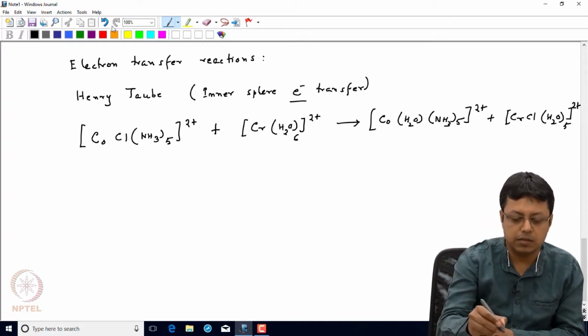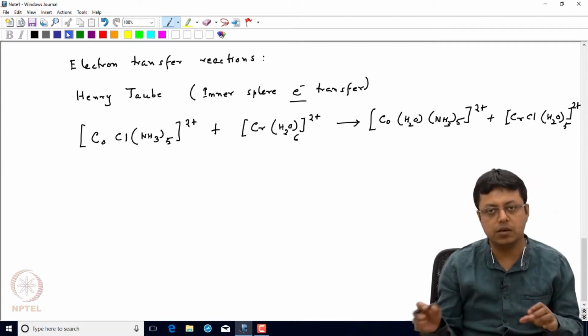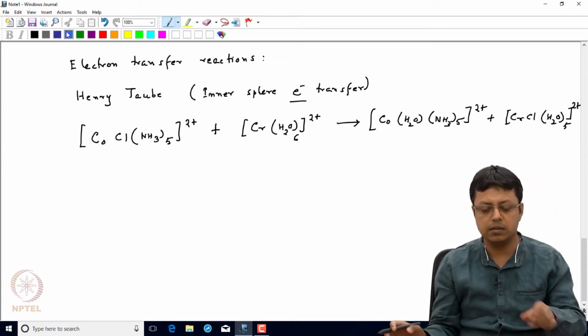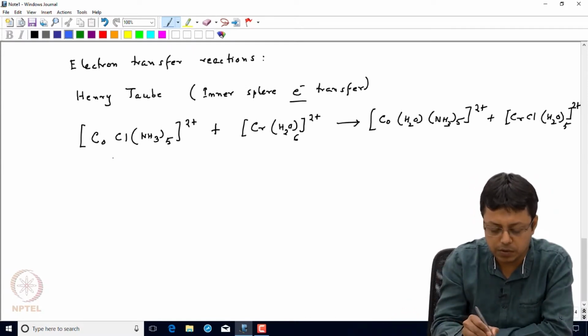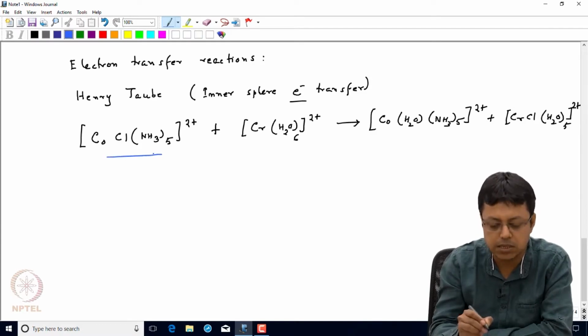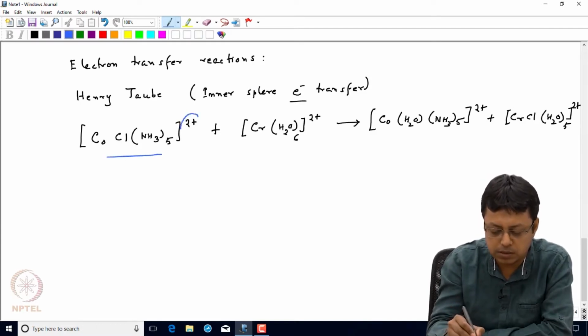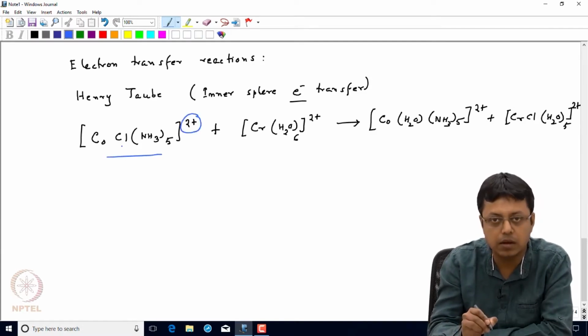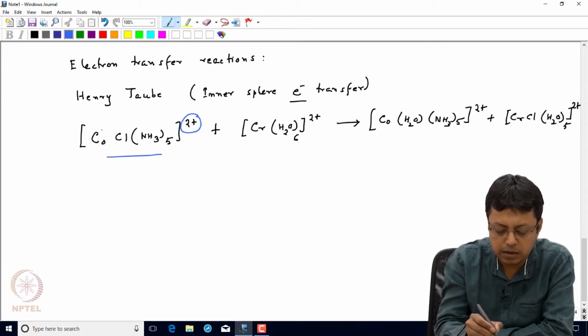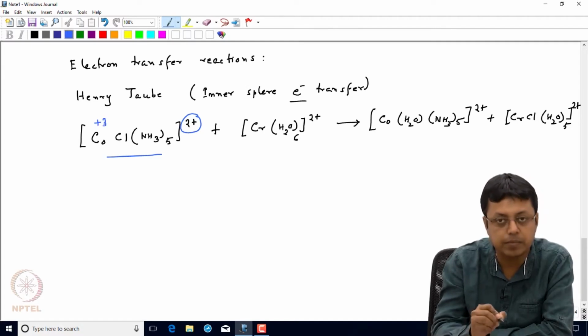All right, so let us first figure out which one is the oxidant and which one is the reductant in this equation. If you look at the cobalt complex first, you see there is a 2+ charge, and the chloride is a negative ion, ammonia is a neutral ligand, so definitely the cobalt is in oxidation state +3.